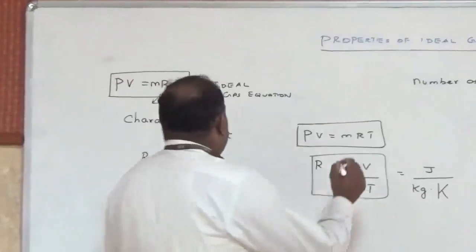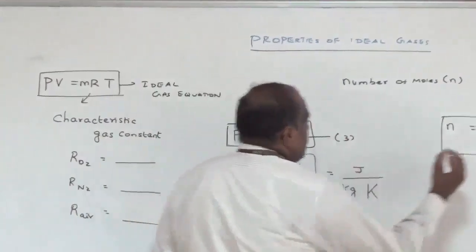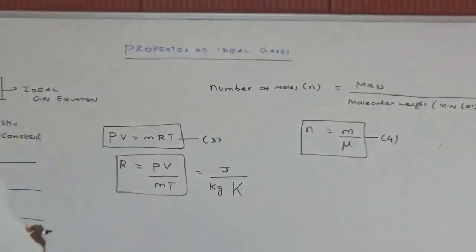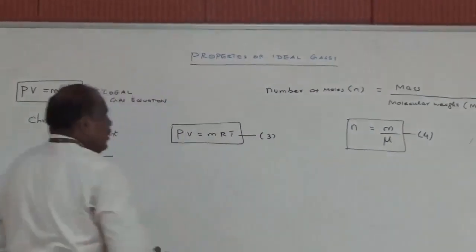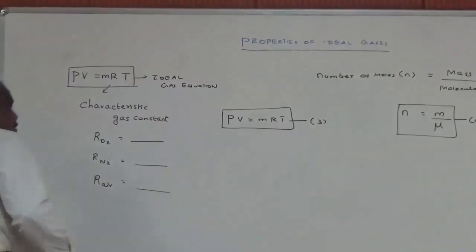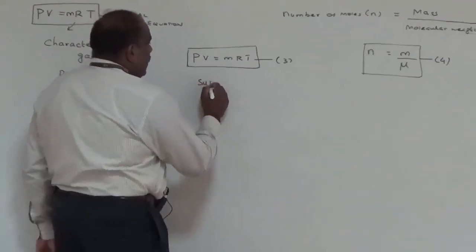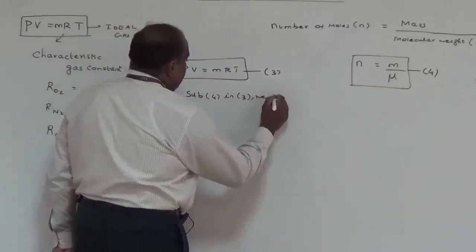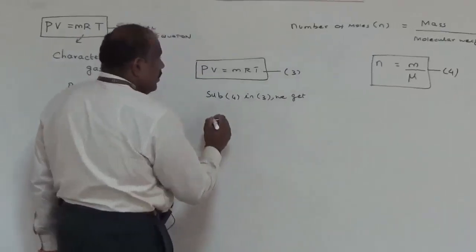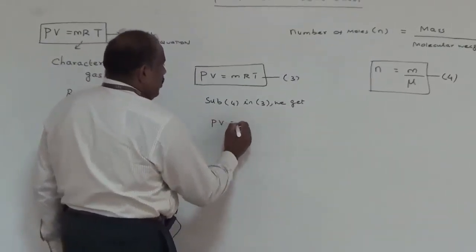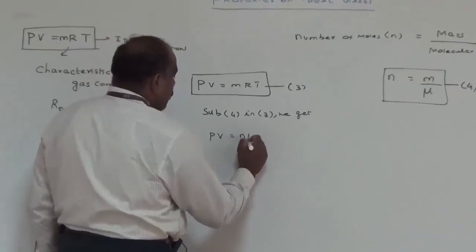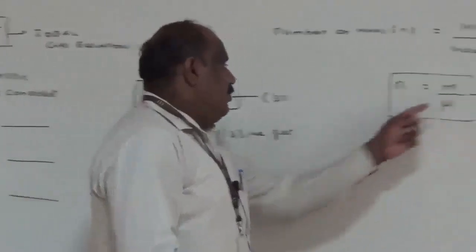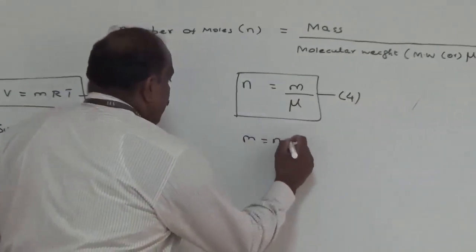Now, I will give this equation number 3, and this equation number 4. Substituting 4 in 3, we get PV equal to n into mu into R into T, because m will be equal to n into mu from 4.